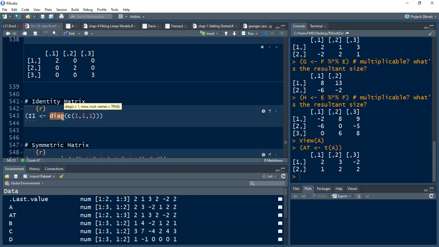First, what's the element in the diagonal? Second, the number of rows. Third, the number of columns. So if you look at this code, it tells us that the diagonal is 1, the number of rows is 1, the number of columns is 1. So 1 row, 1 column, guys, that means it's a 1 by 1 matrix. Okay, let's run this.